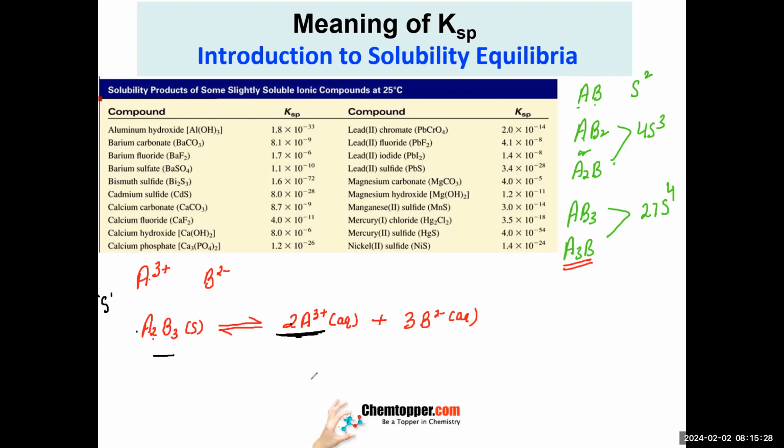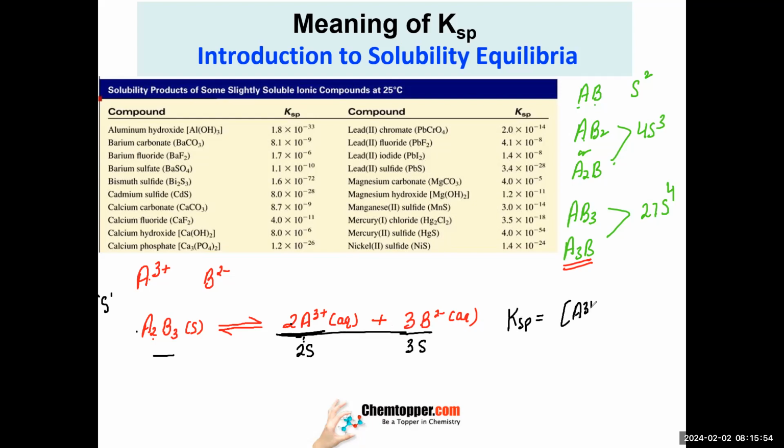Anil, you are in a hurry. How much of this will I get? Isn't it 2s? And how much of this will I get? 3s. Come on, Anil, write the Ksp expression first. What is the Ksp expression for this particular reaction?